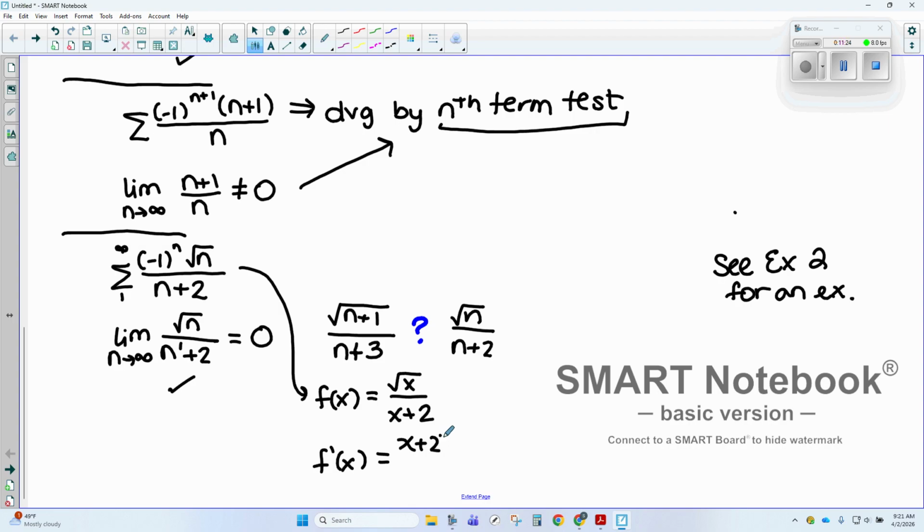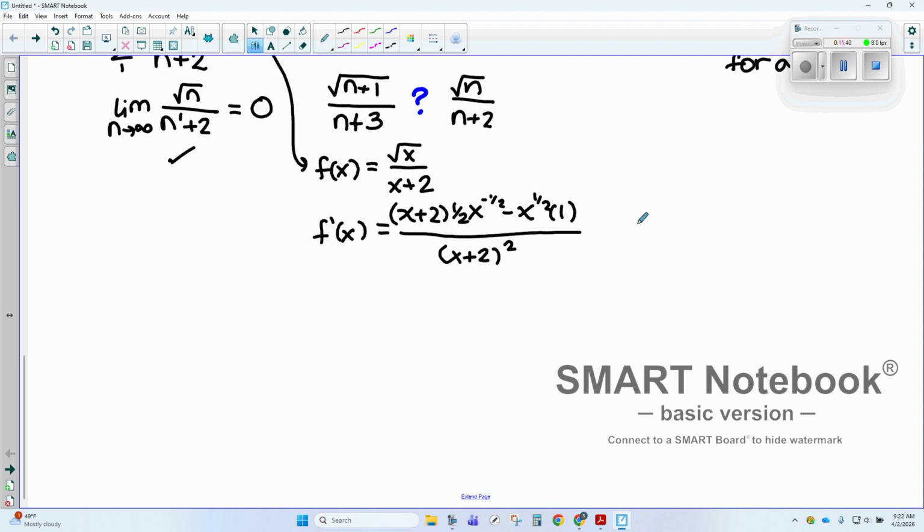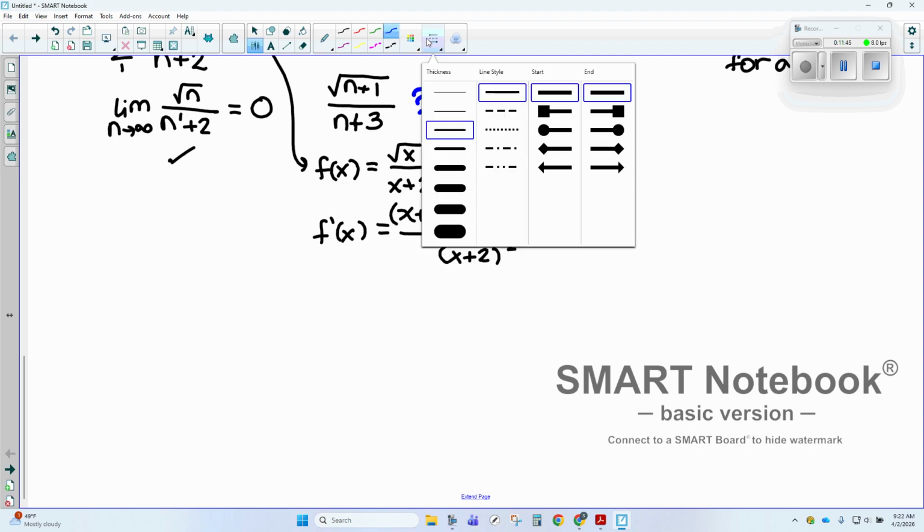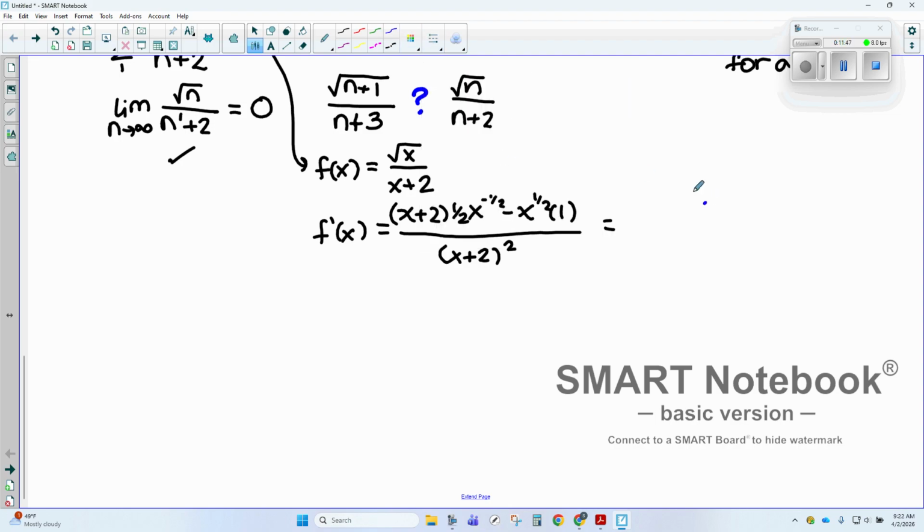So bottom times the derivative of the top minus the top times the derivative of the bottom over the bottom squared. I multiply top and bottom by 2x to the 1/2 to get rid of this complex fraction, and I don't like those.